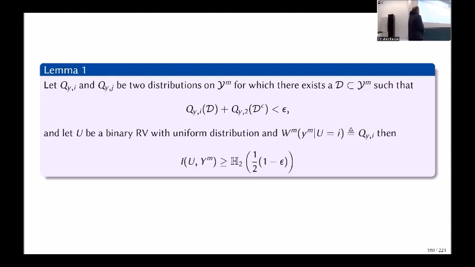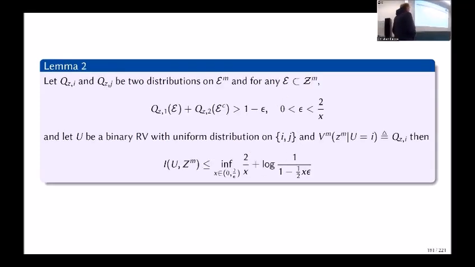And if U is a binary random variable, which is uniformly distributed, and the transmission probability of Y^n conditionally that U is equal to y, then we have that the mutual information of U and Y is greater or equal than the binary entropy of 1/2 times 1 minus epsilon.